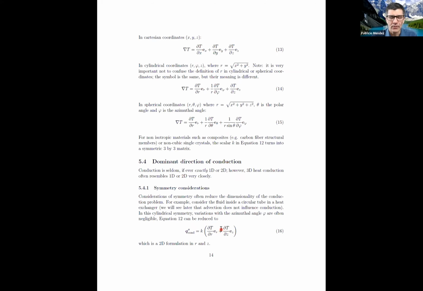So in this particular case, a fluid inside the heat exchanger will have a component of conduction that is longitudinal, because we have hot fluid on one end and colder on the other end, so there will be some heat flow, and another component that is radial.